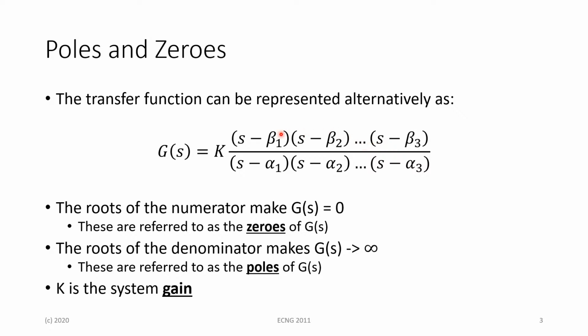So the roots on the numerator are referred to as the zeros of the transfer function G(s). And the roots on the denominator are referred to as the poles of the transfer function G(s). If you are able to factor out an entire constant from the numerator or the denominator, or both at the same time, this is also referred to as the overall system gain.